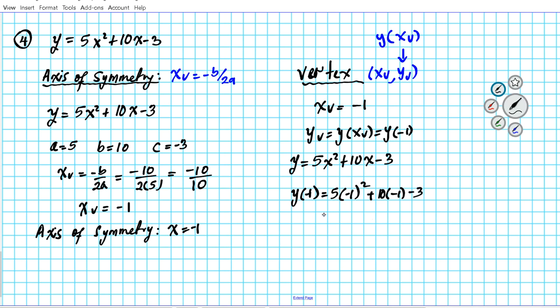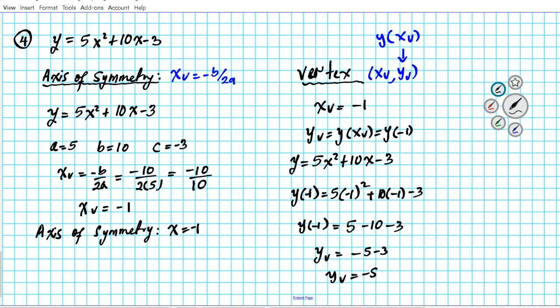Now that we have it plugged in, we're going to use the order of operations to simplify this. -1 squared becomes positive, so we have 5 minus 10 minus 3. So y of the vertex is going to be, let's see, 5 minus 10 is -5, minus 3.